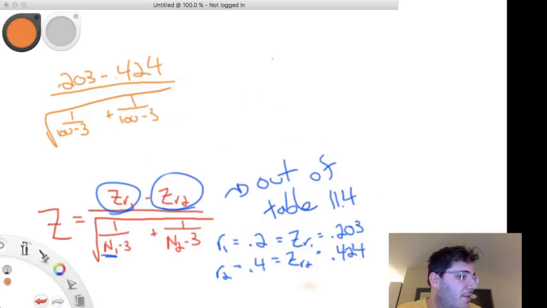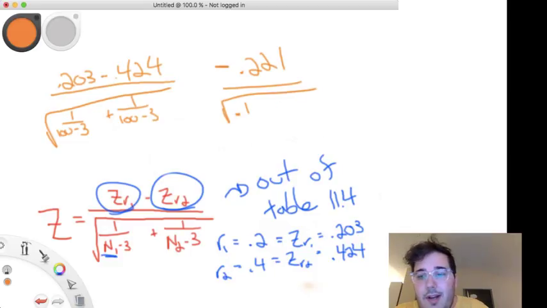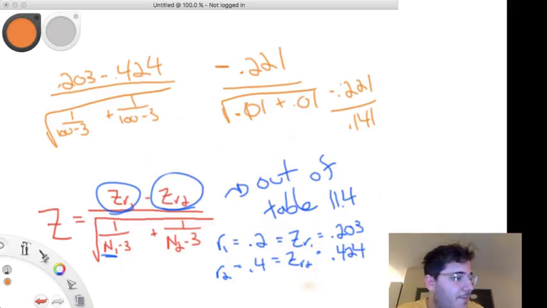Let's just calculate it. 0.203 minus 0.424 is negative 0.221, divided by the square root of 0.01 plus 0.01, which equals 0.141.